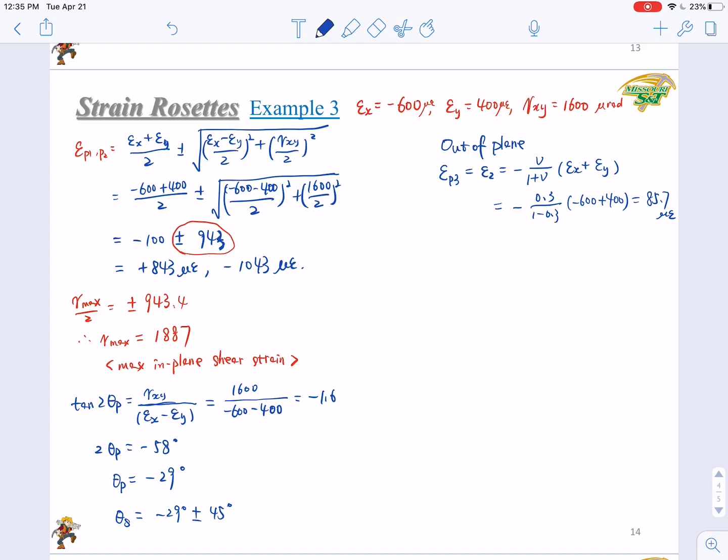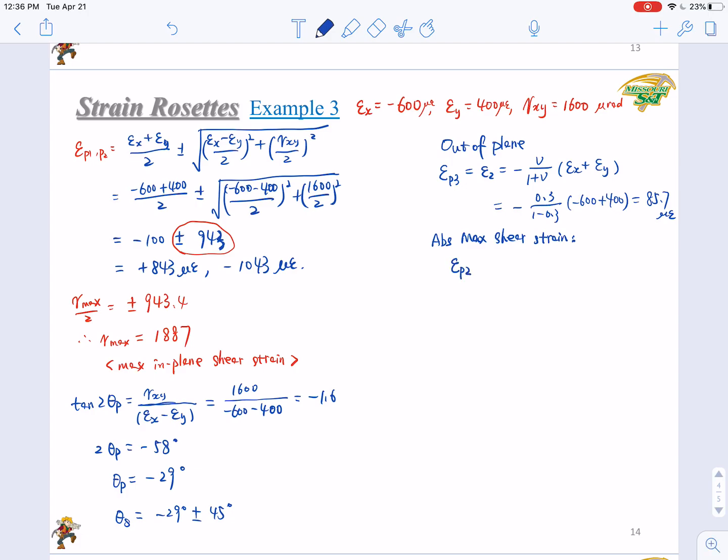The maximum in plane shear strain has been determined. So now let's discuss the absolute maximum shear strain. To do that, we need to compare the three principal strains. You can see the values are listed there.